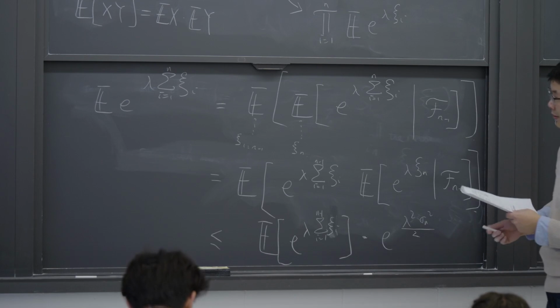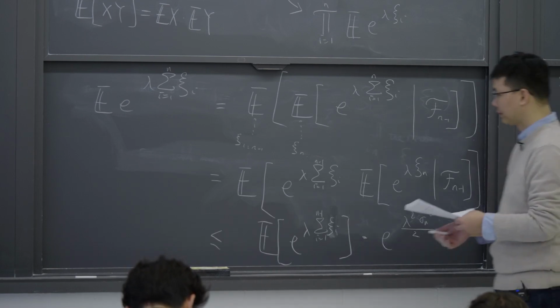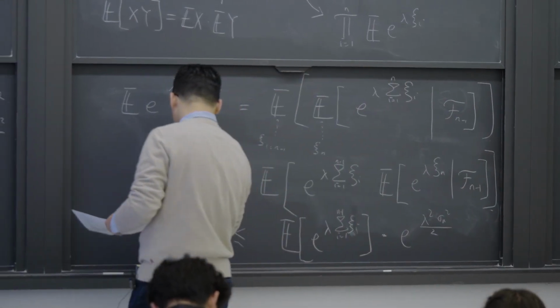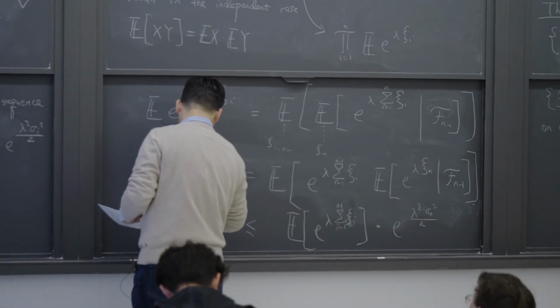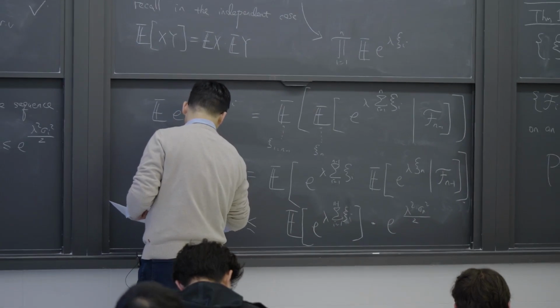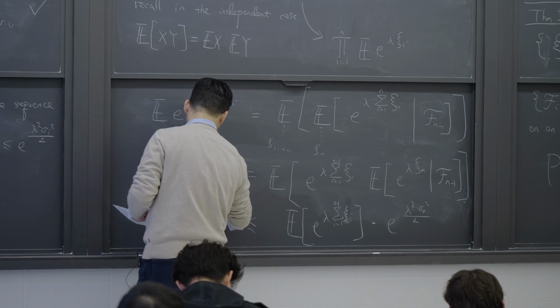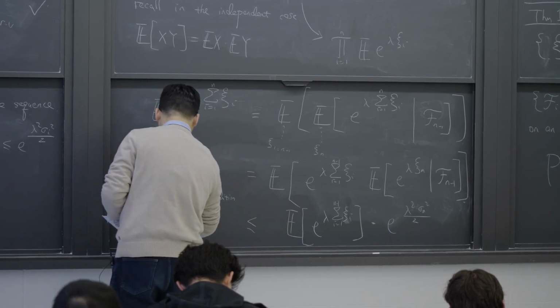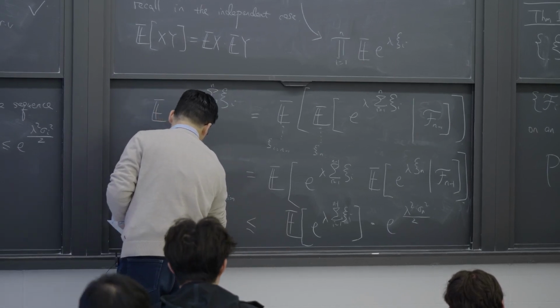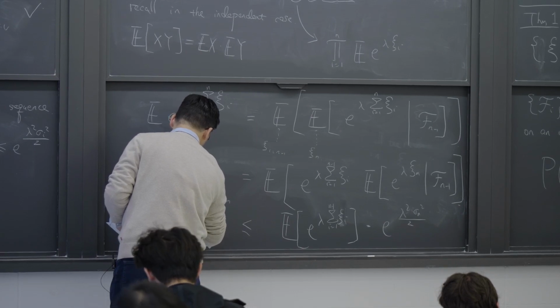This essentially just uses the precondition. We call it martingale sub-Gaussian or something, it's a bit informal.